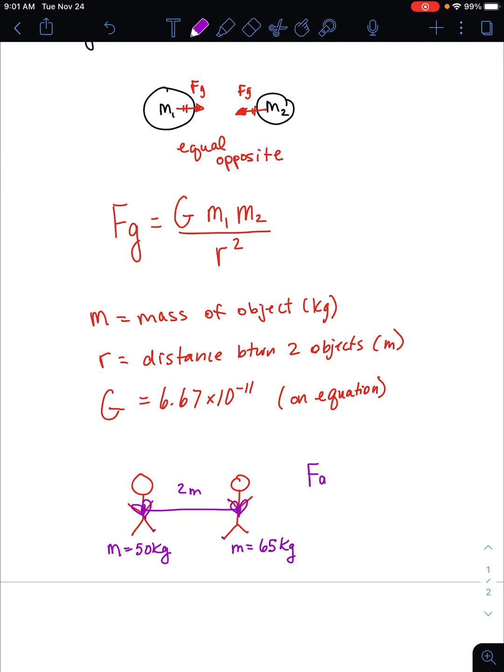So we would say, okay, the force of gravity is going to be equal to G, which is 6.67 times 10 to the negative 11, times the mass of object 1, which is 50, times the mass of object 2, which is 65, and then all divided by the distance between the two objects. Don't forget to square it.